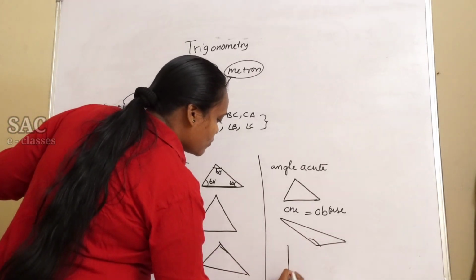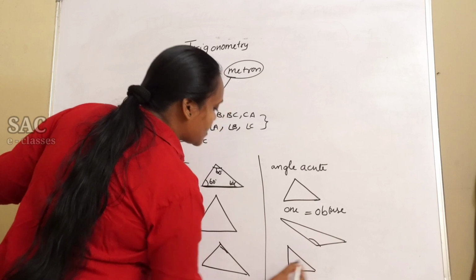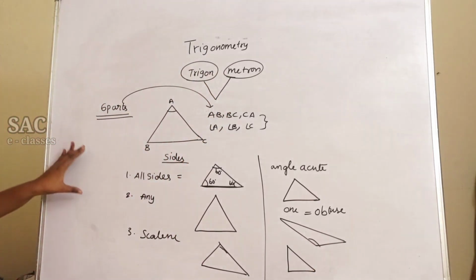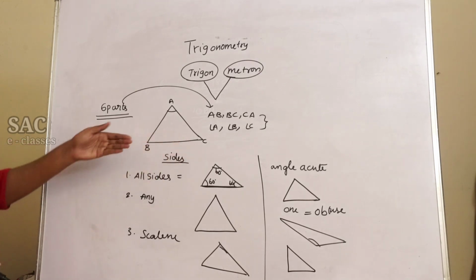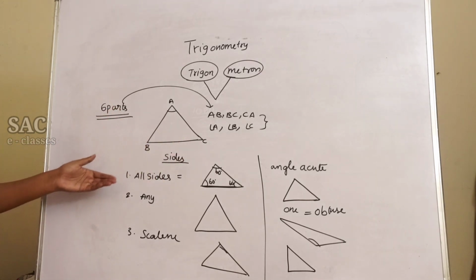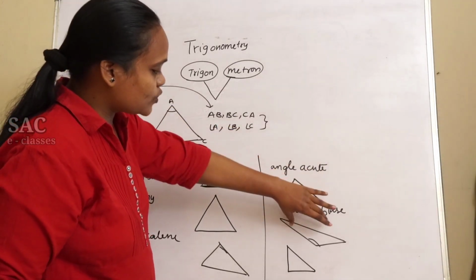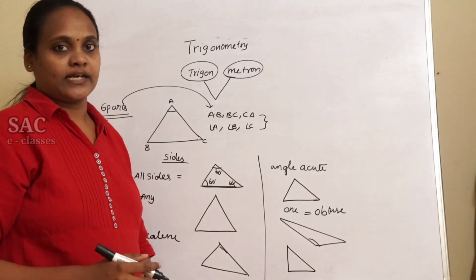If one right angle is there, we call it a right angle triangle. These are some types of the triangle. Based on the sides: equilateral, isosceles and scalene. Based on the angles: acute, obtuse and right angle triangle.